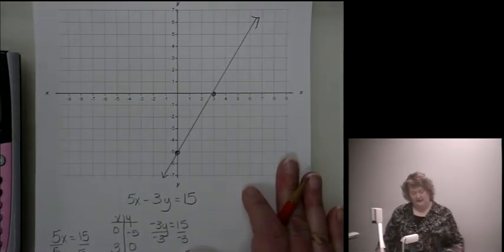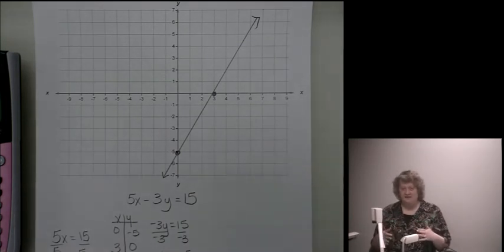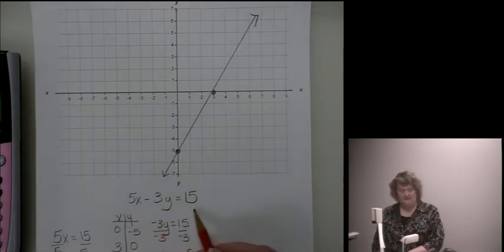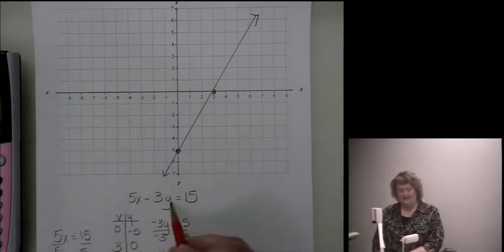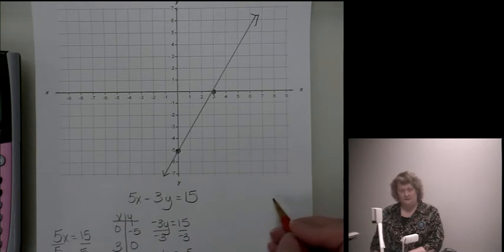And there's the 2 points, and I've got it graphed. I love this method. It is a quick and easy method when they're already in this form. It does not work if it's not in the form like this. If it's already solved for y, the other way is much quicker.